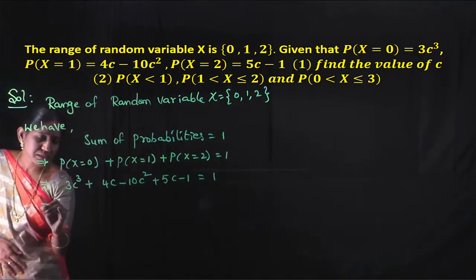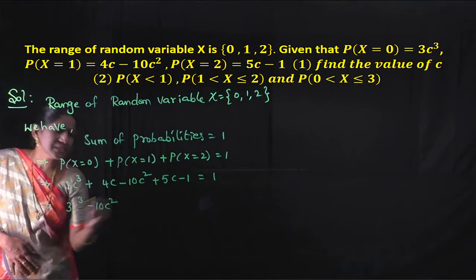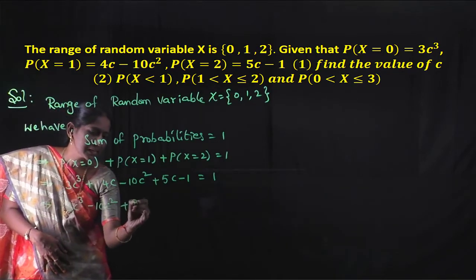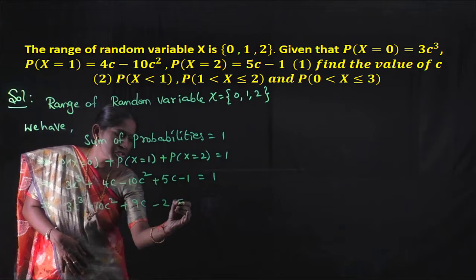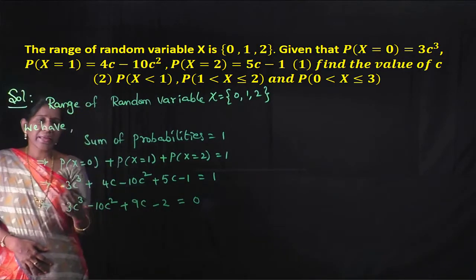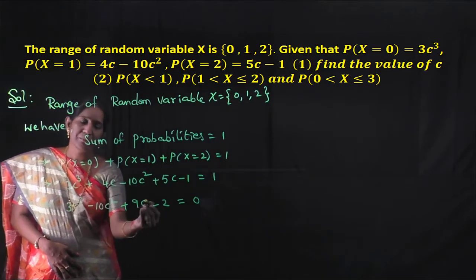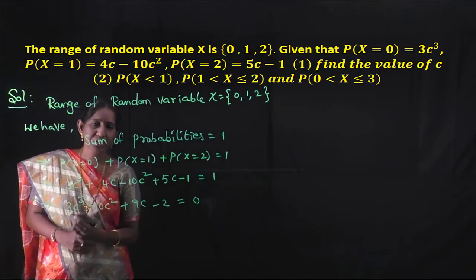This implies 3c cube minus 10c square plus 9c minus 2 equal to 0. Now, take it as f. 3c cube minus 10c square plus 9c minus 2 equal to 0.